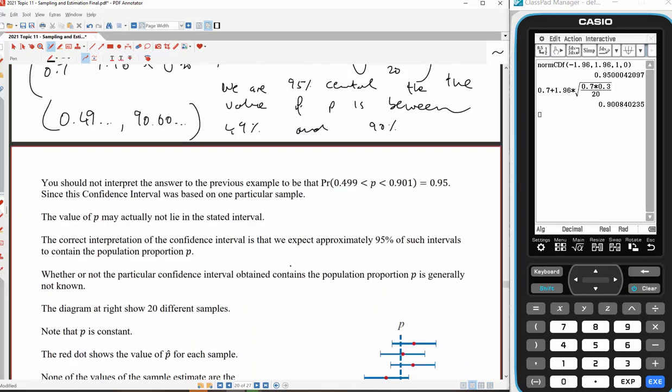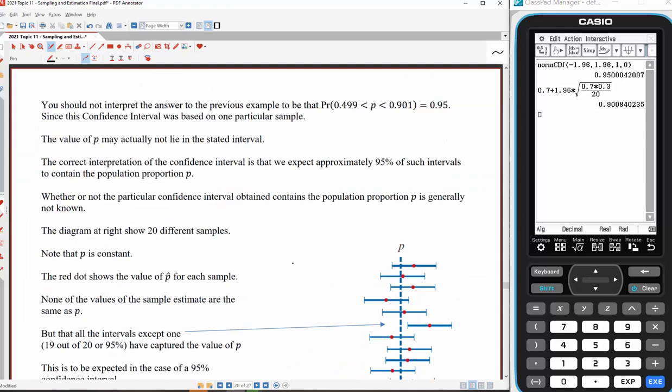Okay, so again, another disclaimer on how to interpret that interval. What we know is that the probability between 0.49, that first value we found in the interval, and the upper value in the interval, if we look at the probability that P is between these two equals 95, that's not the case.